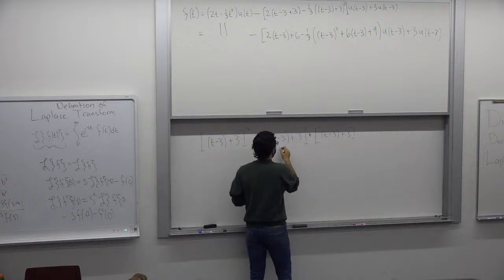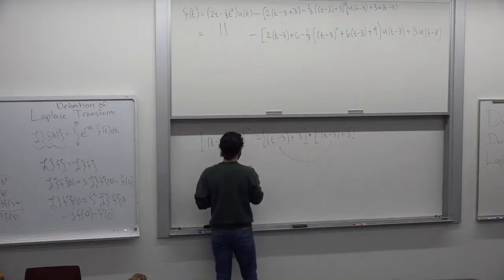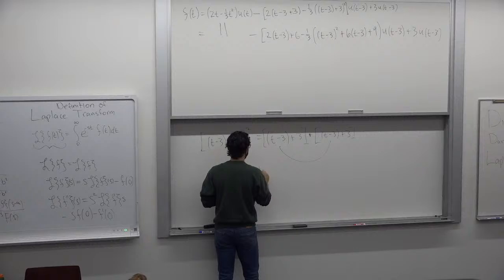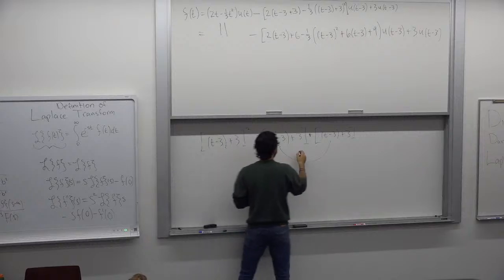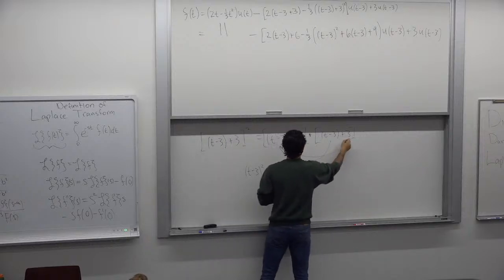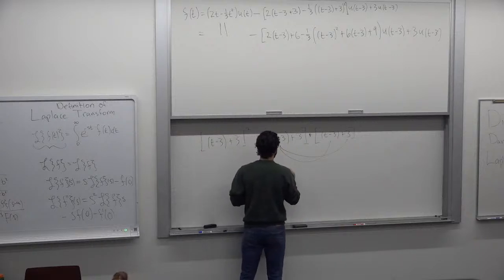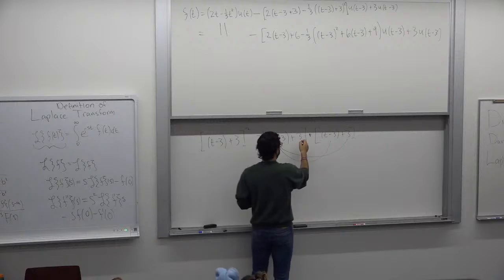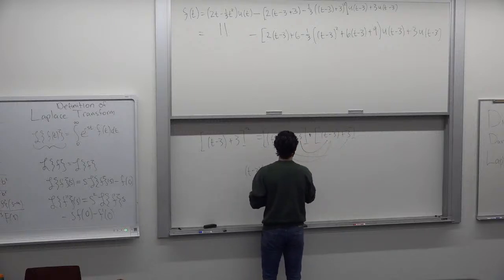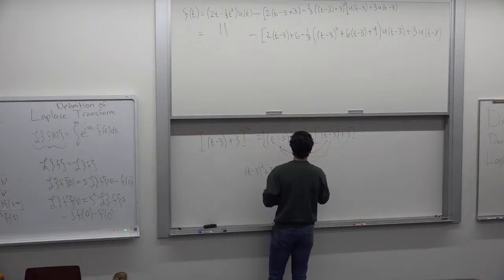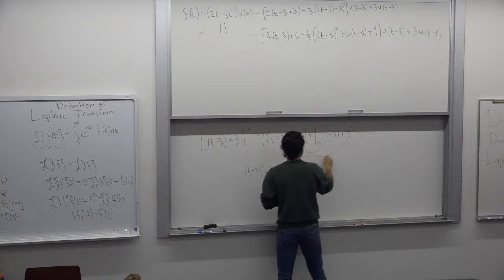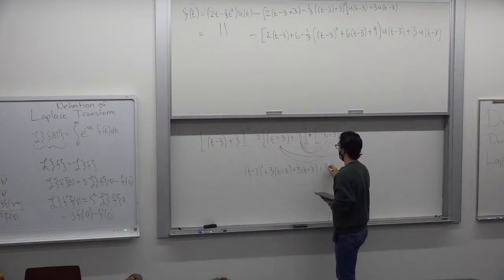You have this first term, (t minus 3) squared, plus this term, 3 times (t minus 3), plus this 3 times (t minus 3), plus 3 times 3, which is 9.